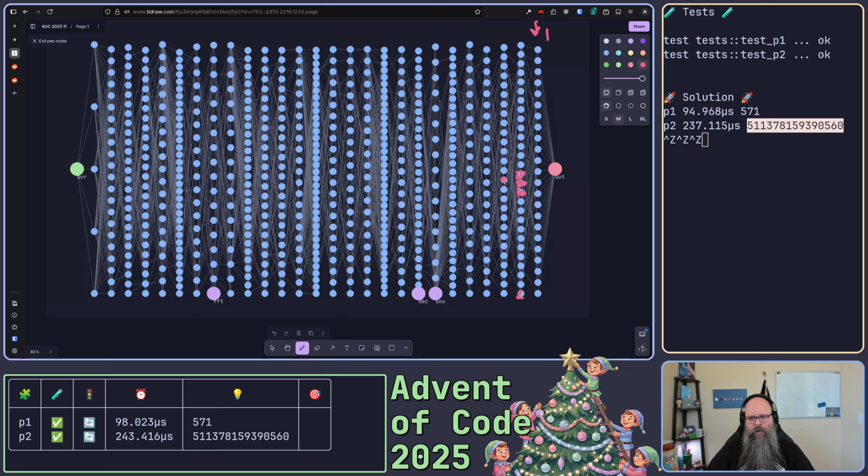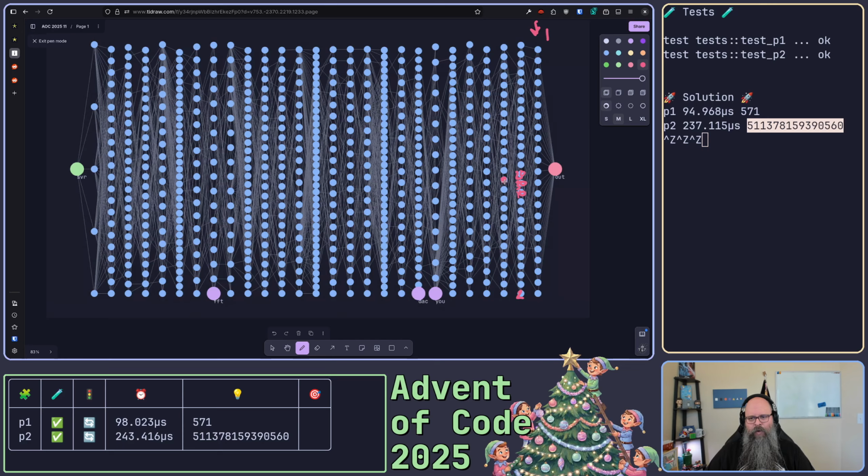What does part 2 say? Well, they think the problem is actually in the DAC and the FFT devices. So we have our network, and now they're saying we think it may be these two devices. What they say is, now we want you to find all the paths from the server, SRV, to out, but they must also visit the DAC and the FFT nodes.